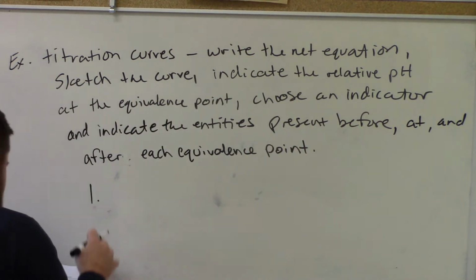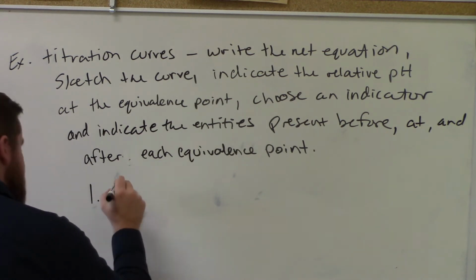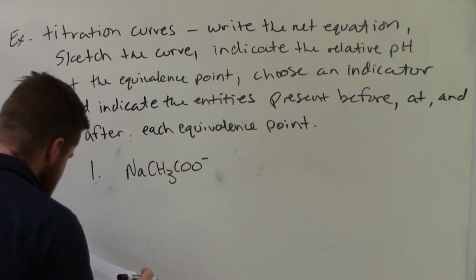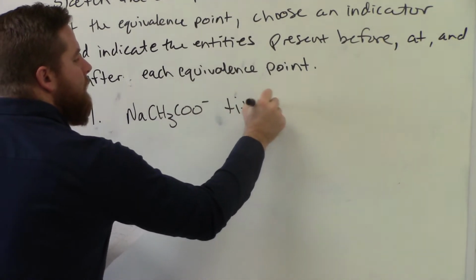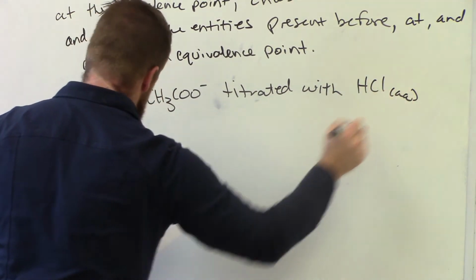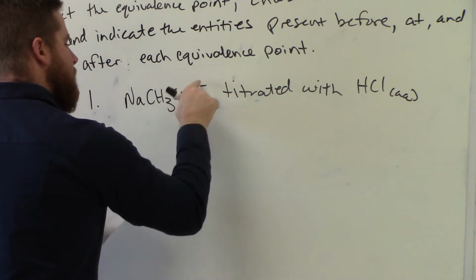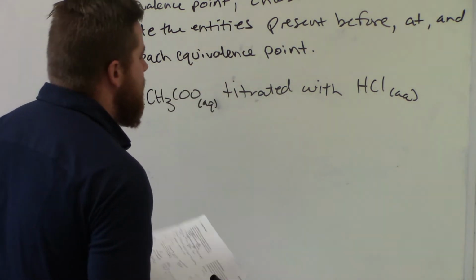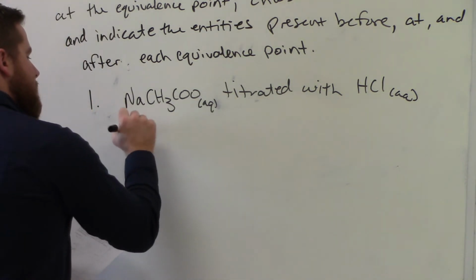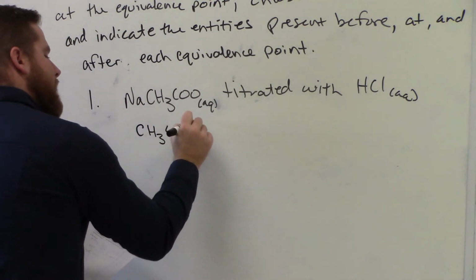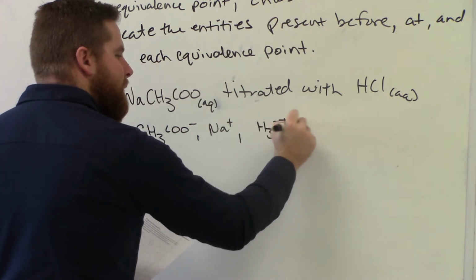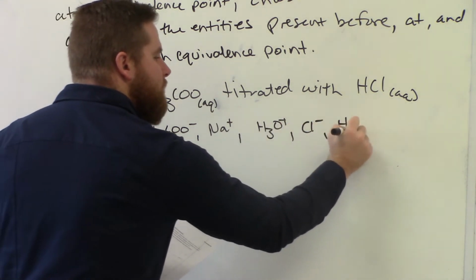Okay, so my first example is going to be sodium acetate titrated with HCl. First thing I'm going to do is identify my entities. I've got CH3COO negative, I have Na plus, I have H3O plus because that's a strong acid, and I have Cl negative and H2O.